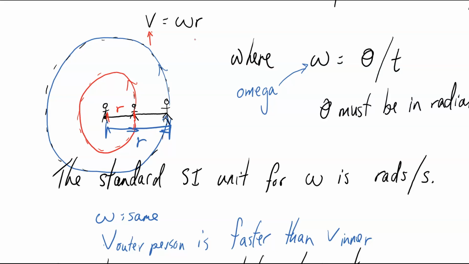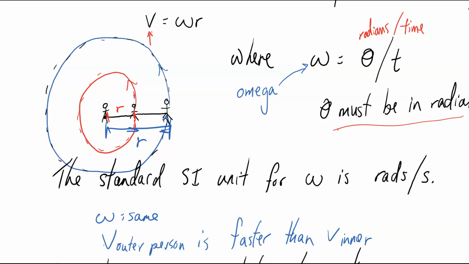Another important factor is that angular velocity must be in radians per unit time right here. So this is radians per time. Any time is fine, but it must be radians per unit time. So theta has to be in radians.